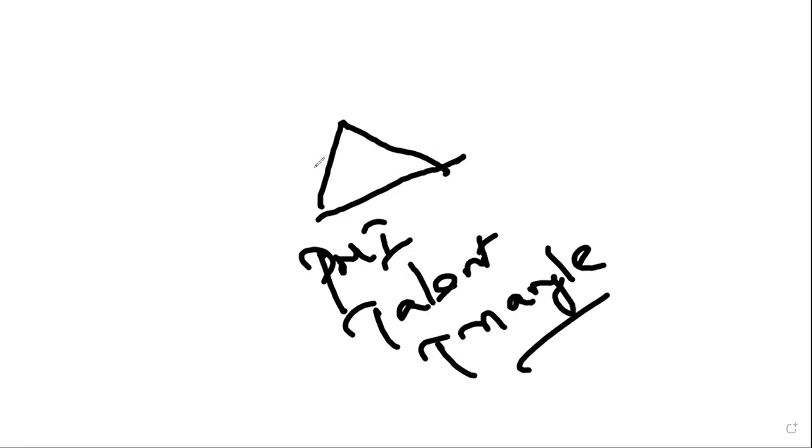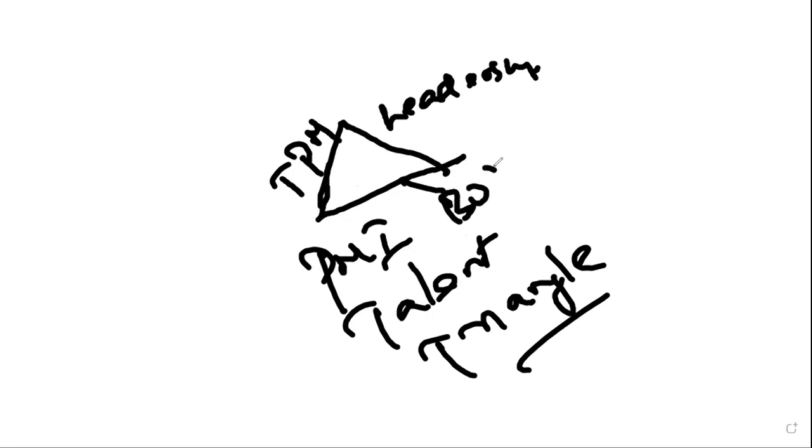One side of my talent triangle shows that I need to have complete mastery in understanding my technical project management skills. The other side of the talent triangle is asking me to have leadership skills. The third side of the talent triangle is asking me to have business skills, business management skills.